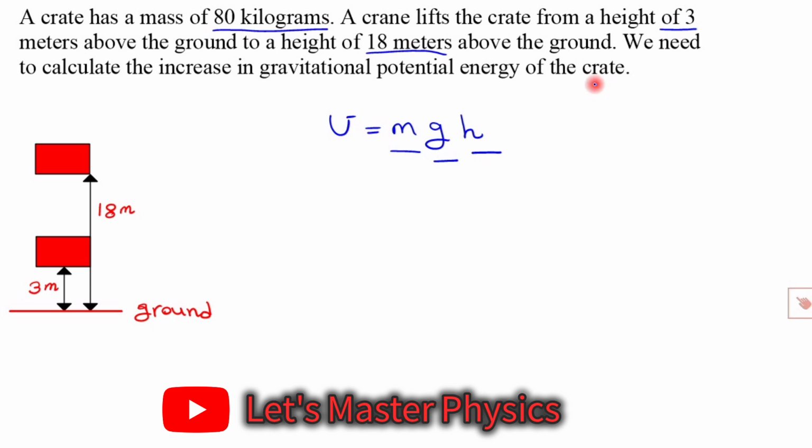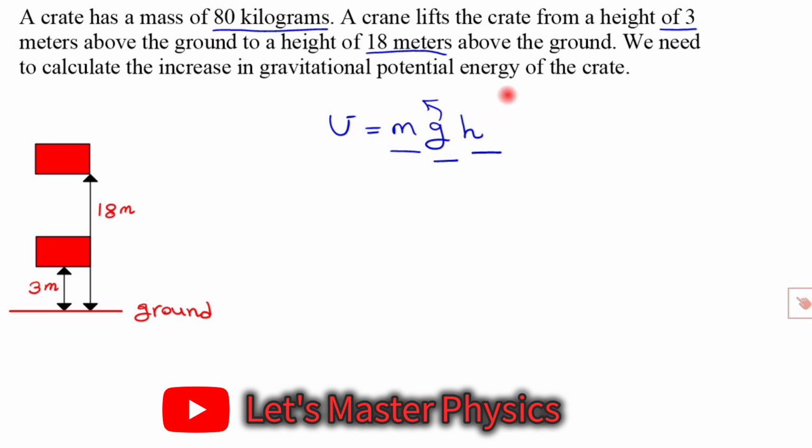Acceleration due to gravity, g, is 9.8 meters per second squared.